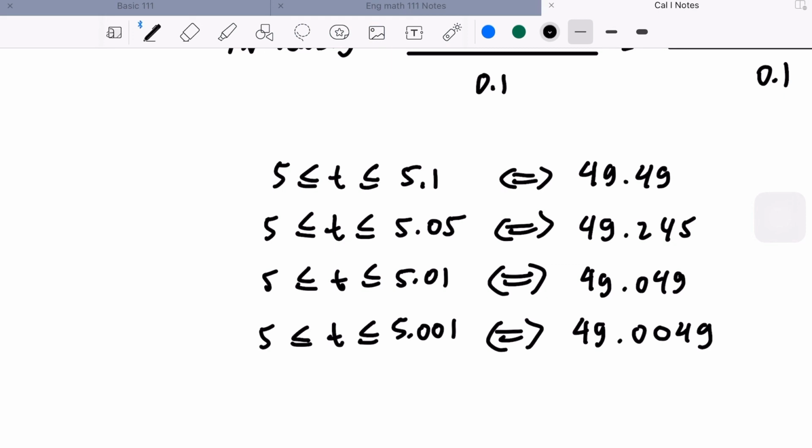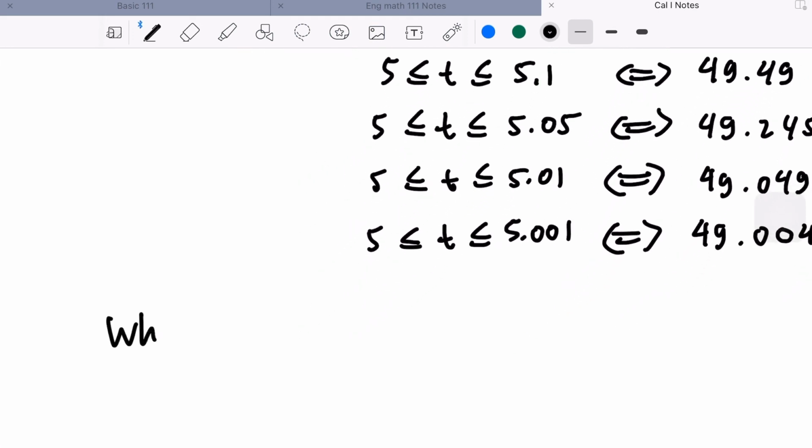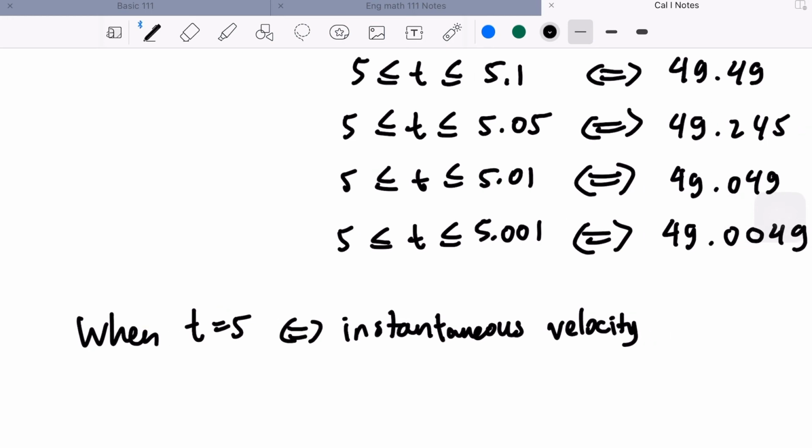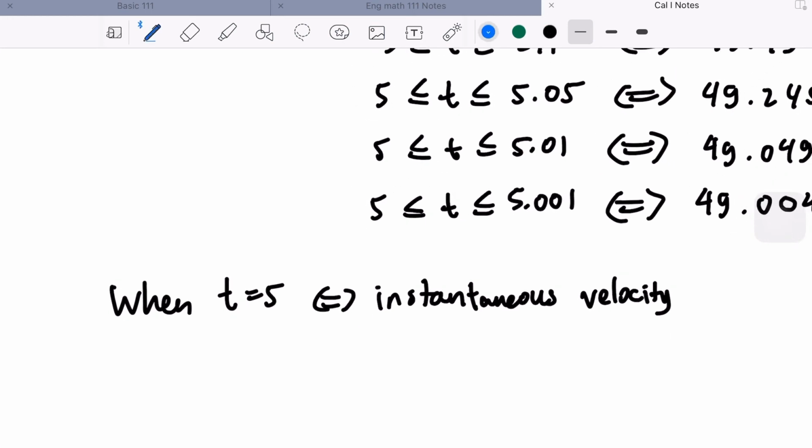So we can say that with the interval from 5 to something really, really small, with the concept of limit, when t equal 5 this will be our instant velocity, or instantaneous velocity. And this is due to the limiting value of average velocity.